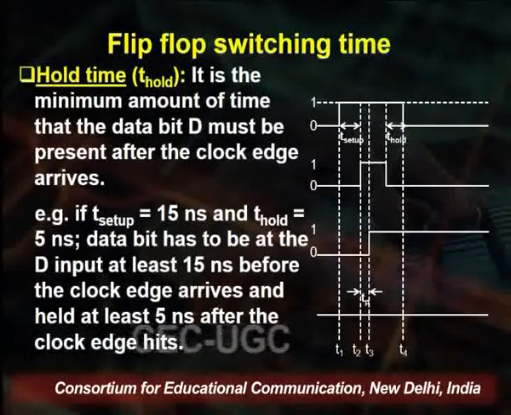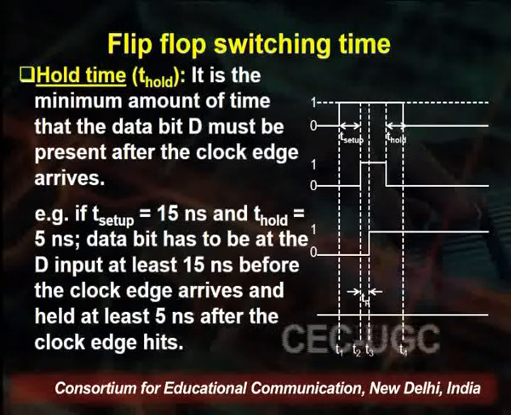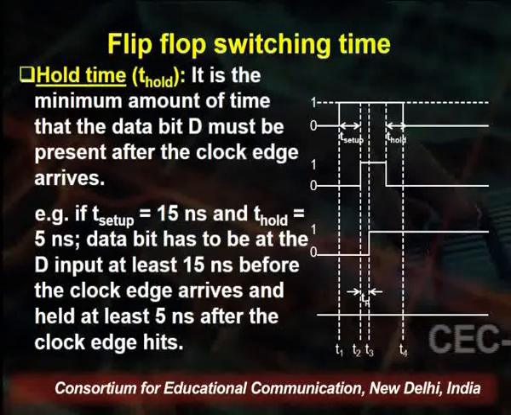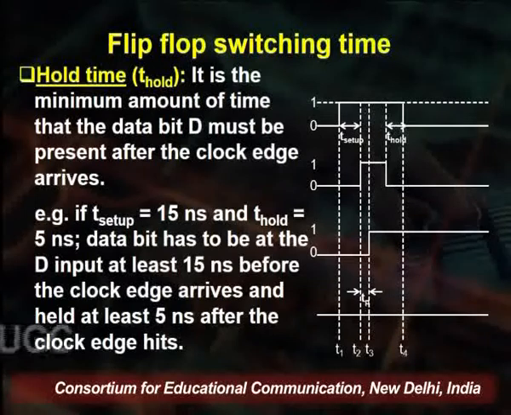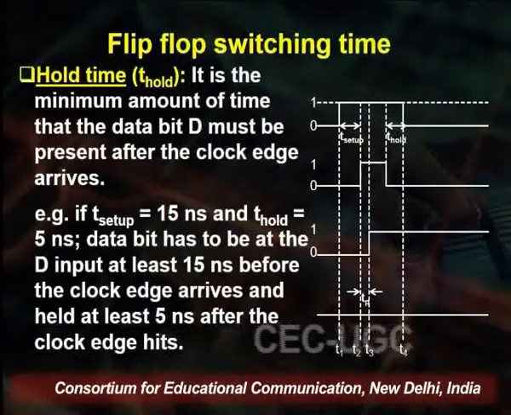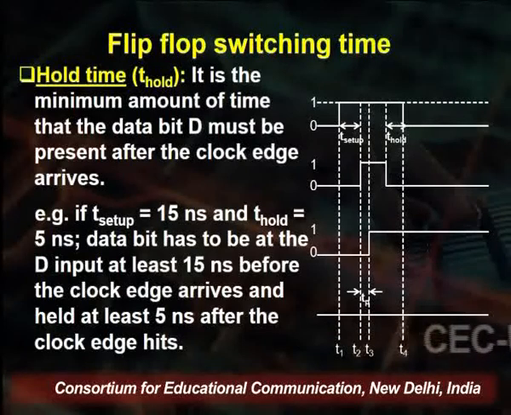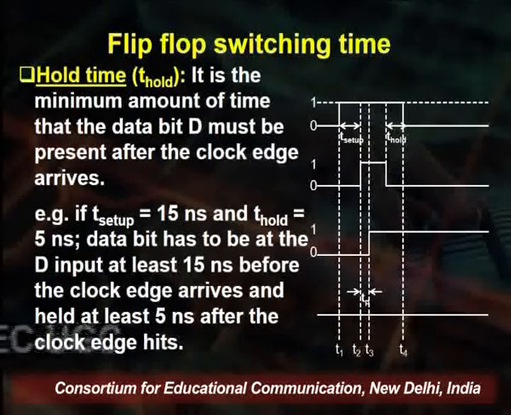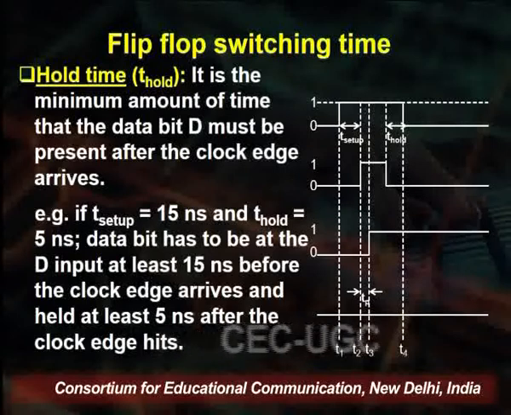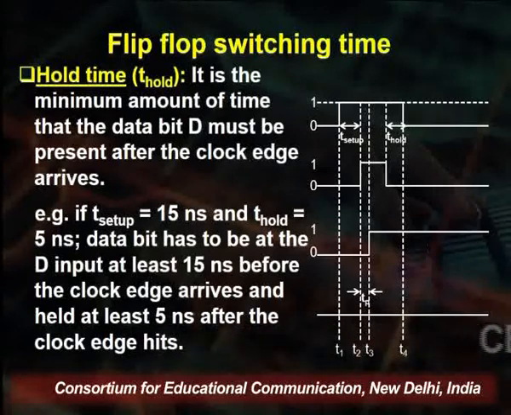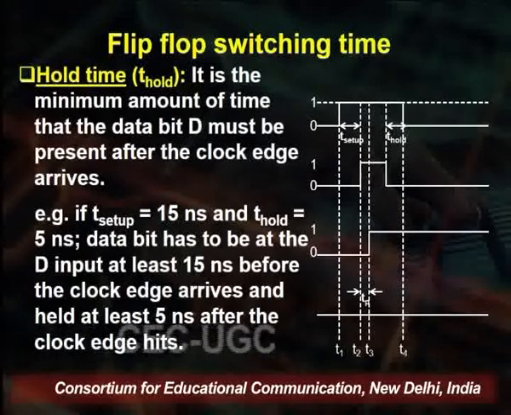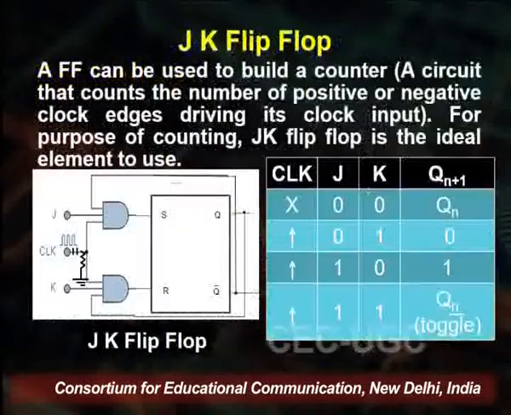So adding all of them up, we see for a stable data input to be processed from D input to the Q output, we have a total propagation delay of 15 plus 10 plus 5 nanoseconds. That is, it takes about 30 nanoseconds typically for a data bit to be processed from the input to the output.